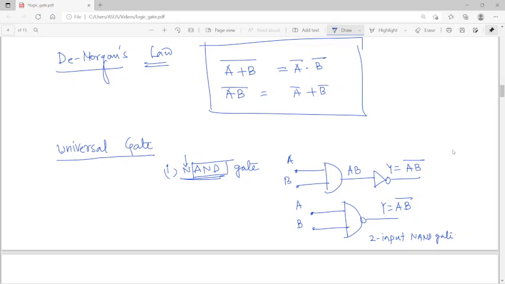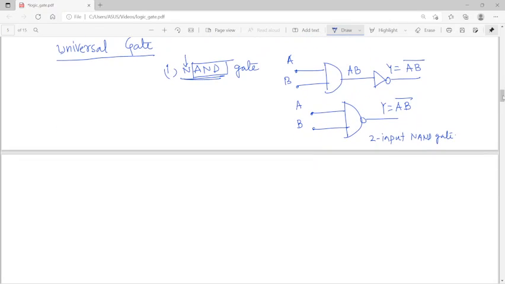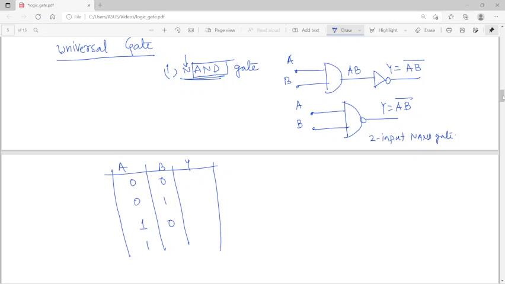So what should be the truth table? Just the opposite of the AND gate. The NAND gate truth table is just the opposite of the AND gate. So if this is A, this is B, and this is output Y, the four possible combinations are 0 0, 0 1, 1 0, 1 1. When you put 0 0, that gives A dot B bar, that means 0 dot 0, that means 0 bar, which is 1, so that gives you 1.